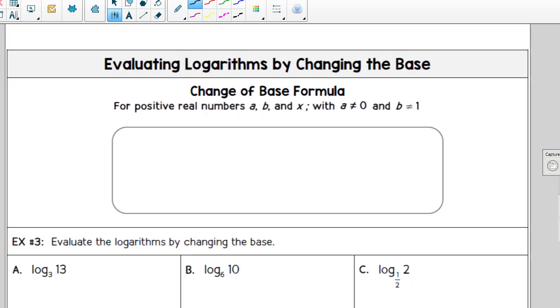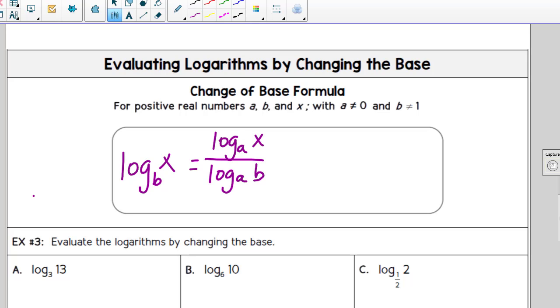Okay, log base b of x equals log base a of x over log base a of b. So I could change it to any base. A could be any base, all right?